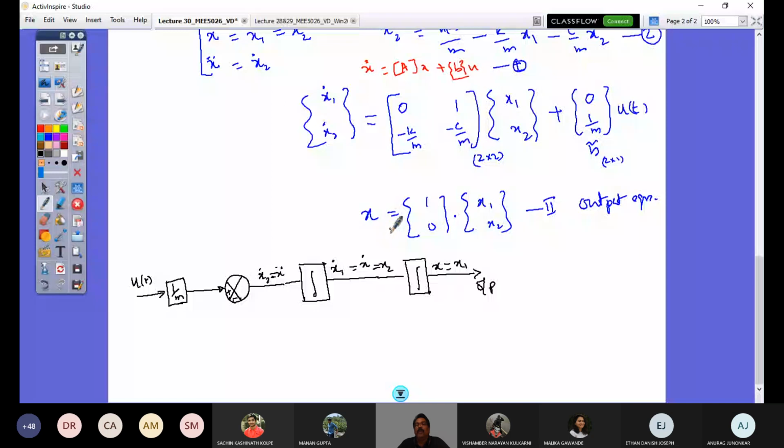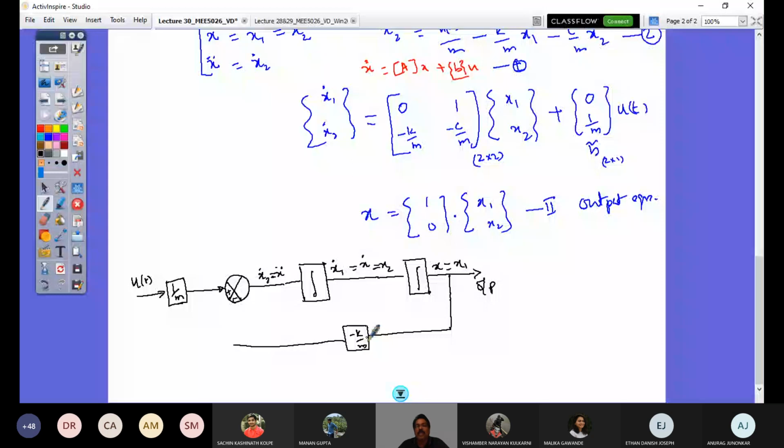So I take this x1 as an output, and I can vary this parameter. This parameter minus k by m should be there, so I send it through minus k by m and take it to my summing point. If I have a minus sign here, it becomes plus, so I should have k by m plus, taken here, right?